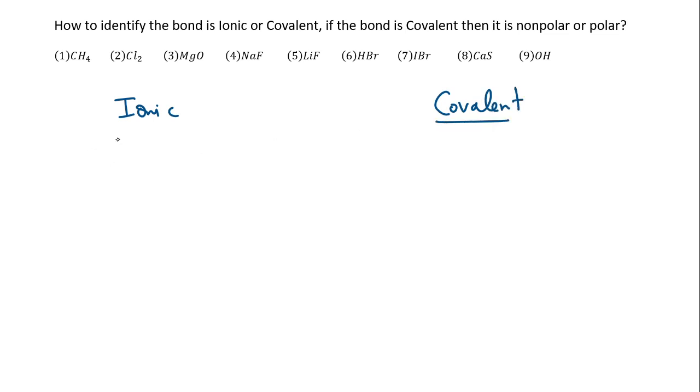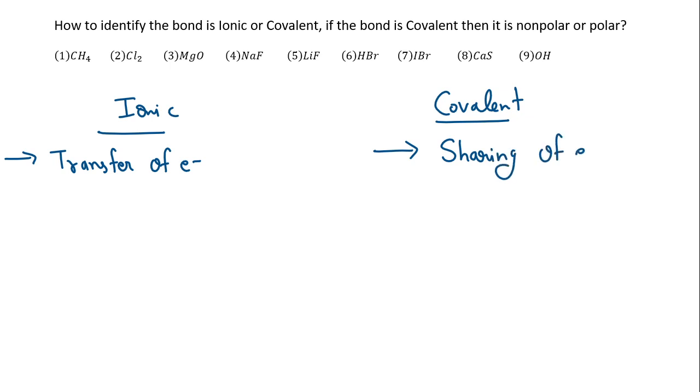As we know, ionic bond is created by transfer of electrons and covalent bond is created by sharing of electrons.